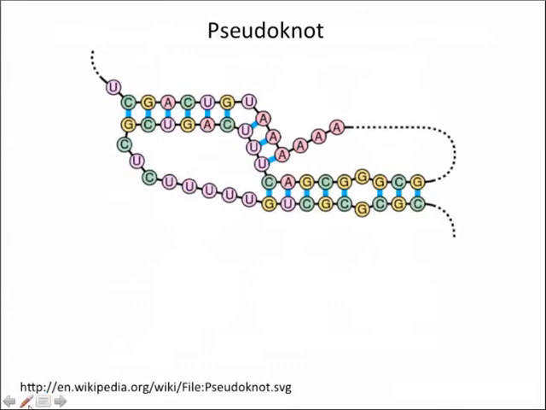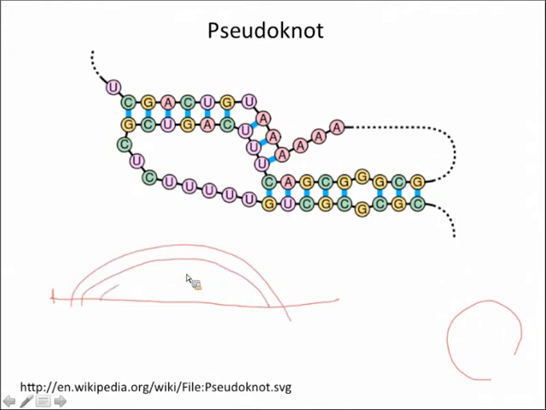We can also take a look at a pseudoknot. So in this pseudoknot, if I were to draw this as just this one instead of the circular one, either way works, but we can see that the U is not paired, but then the C does get paired with some things over here. So we've got a whole bunch of base pairing.